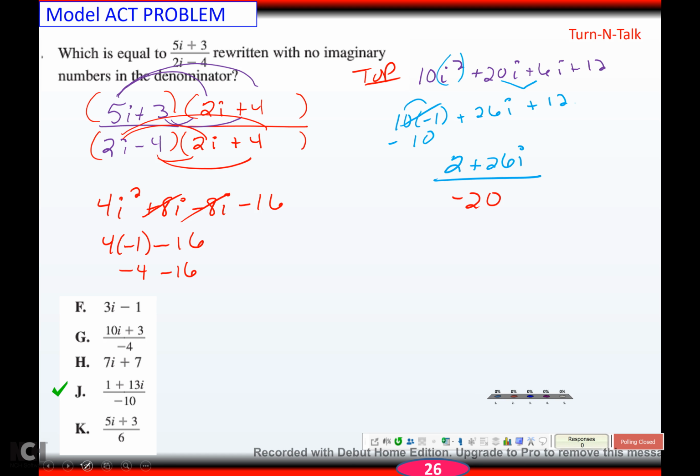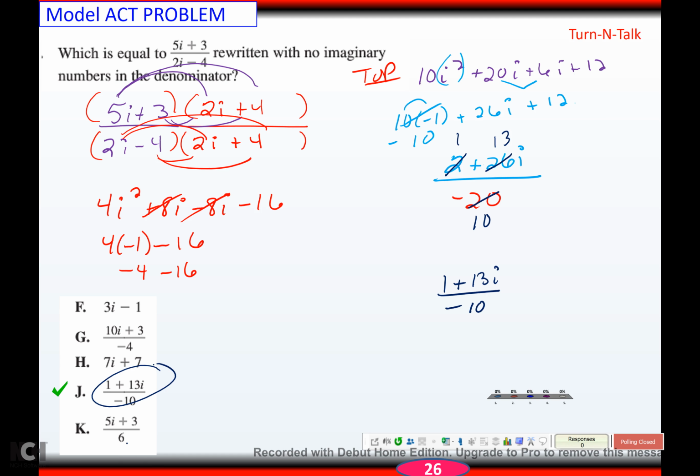Now that answer isn't there because all three of those, the 2, the 26, and the 20, can be reduced by 2. So 2 goes into 2 once, 2 goes into 26, 13, 2 goes into 20, 10. So I get 1 plus 13i over negative 10.